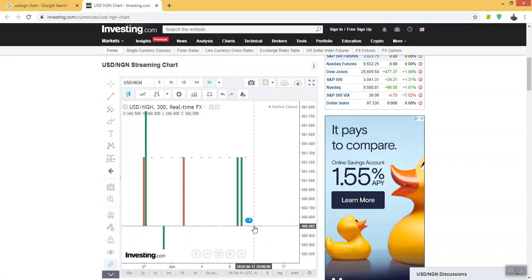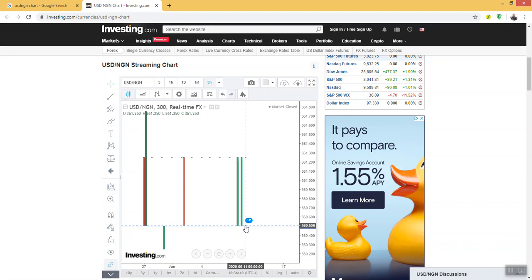Here we've seen a pattern that this price hardly goes below 360. So you want to automate the process such that if the price falls to 360.5, it just buys, because the next time it is going to rise to about 360.2. Can you see? So in this case, what you do is place what we call a buy limit order.